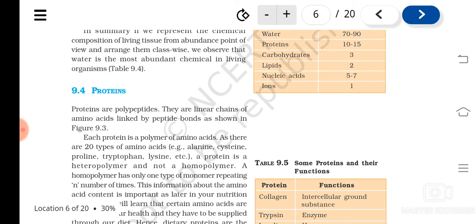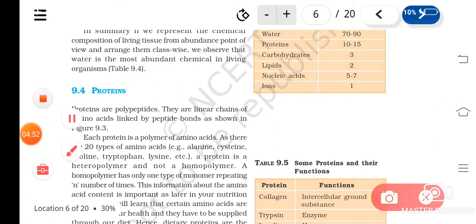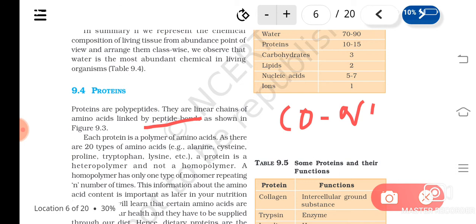Proteins are polypeptides. Understood? Polypeptides are formed by the joining of amino acids, and the amino acids in a polypeptide chain are linked by peptide bonds. The peptide bond, that is the CONH bond, is present between two adjacent amino acids in a polypeptide chain.